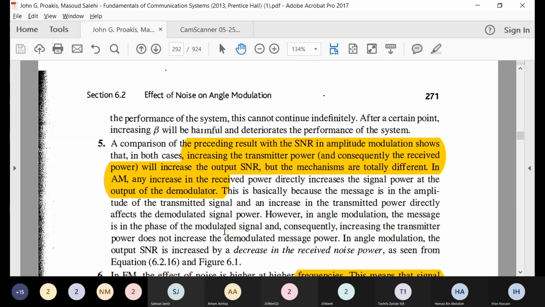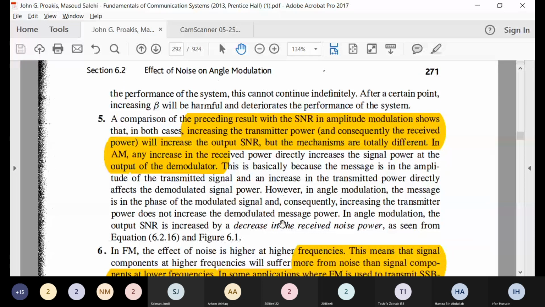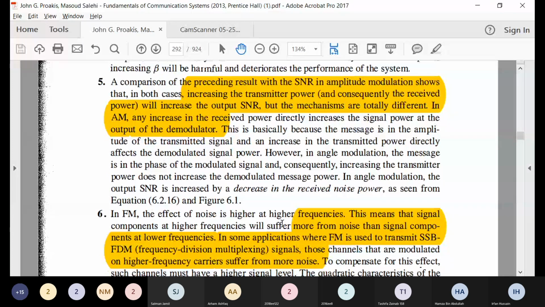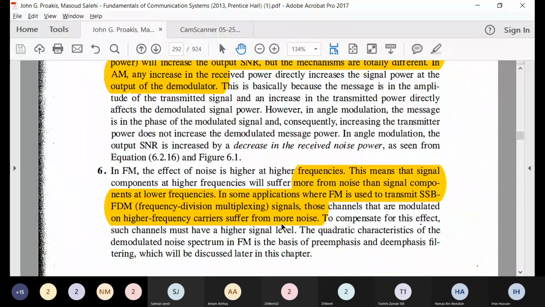That is why it will not affect the signal power, but it will affect the noise power, because the noise power decreases. So increase in transmit power does not increase the demodulated message power in case of angle, but in case of amplitude it increases. But SNR increases for both the cases, because in AM the signal power is increasing, while in FM or PM the noise power is decreasing, resulting in a signal to noise ratio being increased for both the cases.